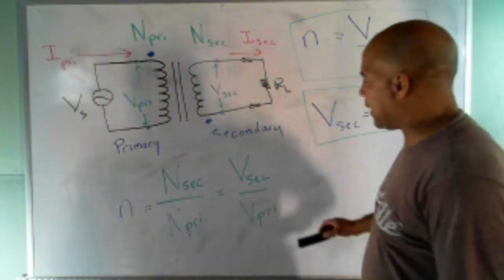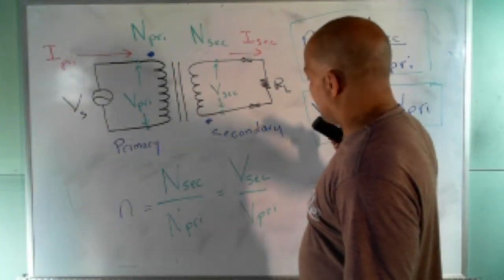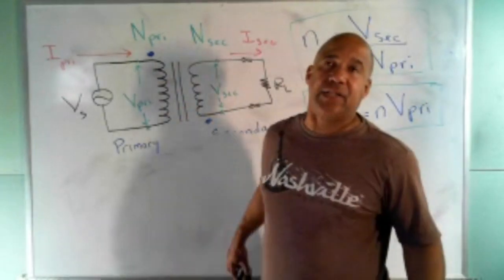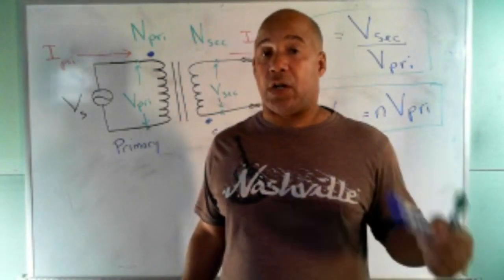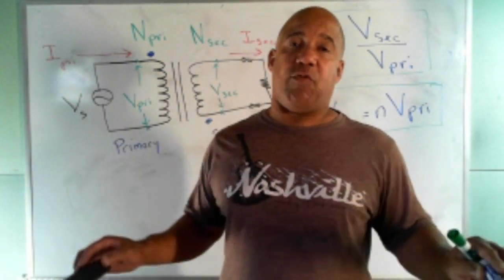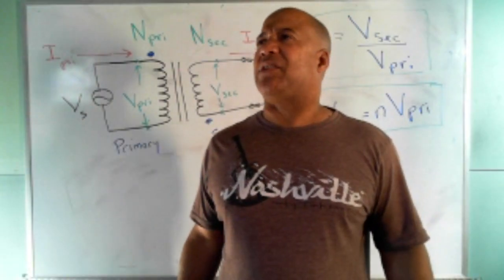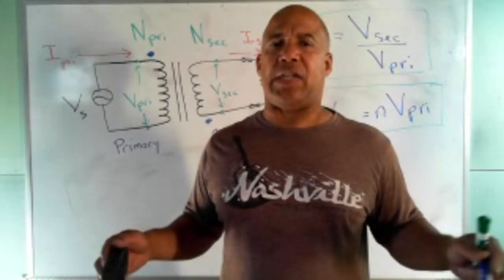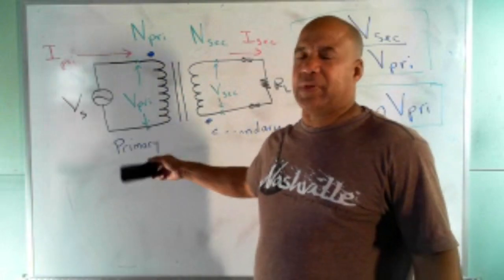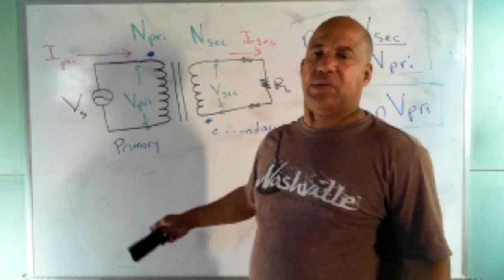Now, let me do one more thing, and then we'll call it a day. Okay, I just put it right here. So one of the things we're going to do in the class is we're going to assume that our transformers are 100% efficient, which is what they usually do at this level. If you get your master's in engineering and deal with transformers or power systems, they won't make that assumption, but it just makes the math easier.